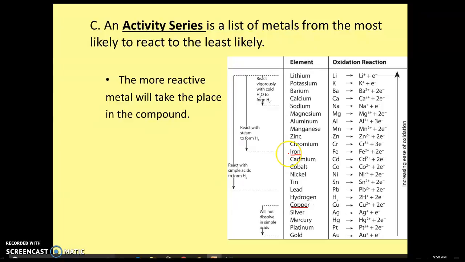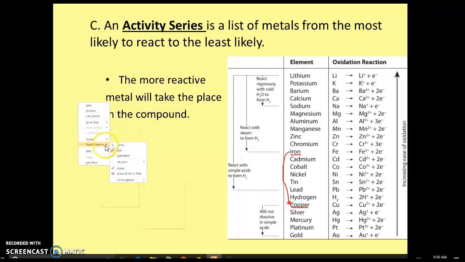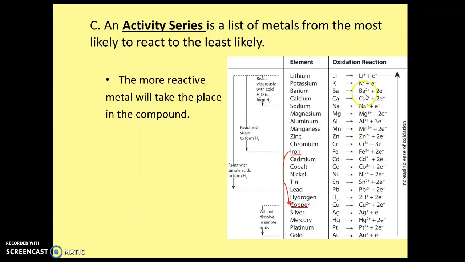In that first reaction we looked at at the beginning of the chapter, with the blue solution and the piece of iron nail, or we used a paper clip, iron took the place of copper in the solution because it's more reactive, it's higher. So this is a handy thing. You can always look these up online too, and we're going to be creating our own activity series. The higher up on the list, the more reactive it is.